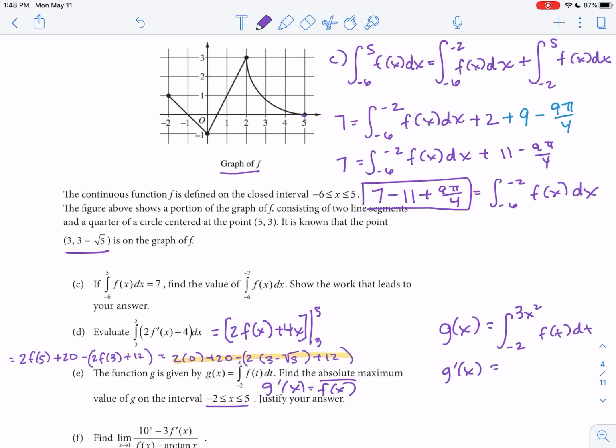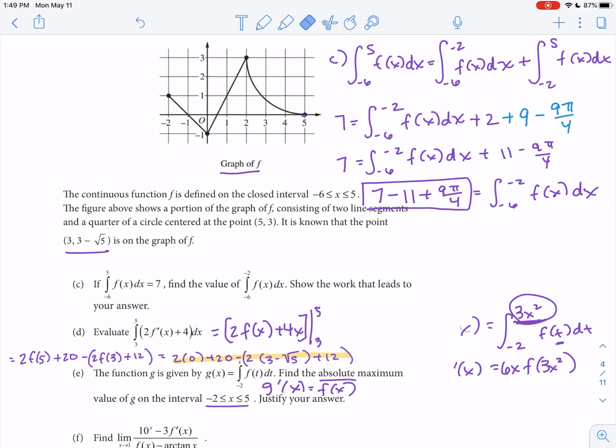You're still going to replace t with that, but now you've got an inside function, so be sure that you take the derivative of the inside function as well and multiply there. You've got chain rule there, okay? So if here you've got something other than just x, make sure you apply chain rule. You'll still replace this letter with that piece, but then multiply by the derivative of the inside there, okay?